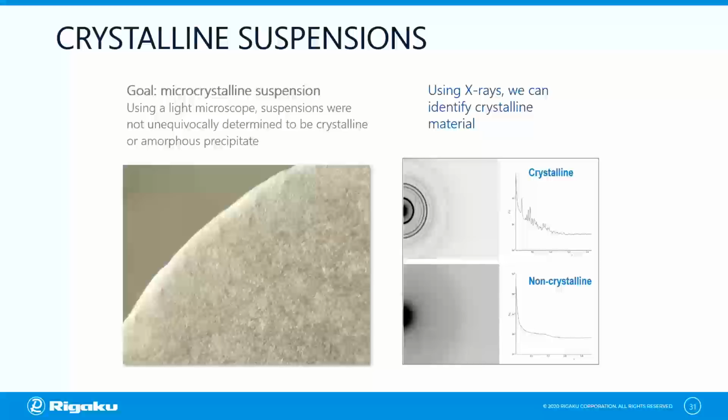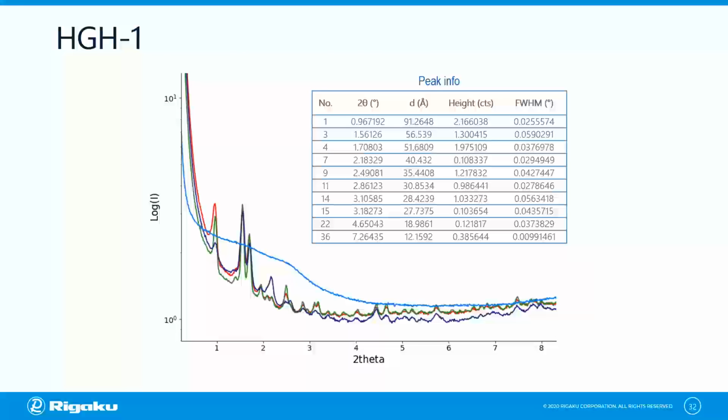So we did that for a few samples in our laboratory. So these are human growth hormone. And what I wanted to just show you are the results of those experiments quickly to show that for the few of these that we did, we could clearly identify which were crystalline and which were not. And we could also identify those that were non-crystalline, and they showed this different slow change in intensity over scattering angle.